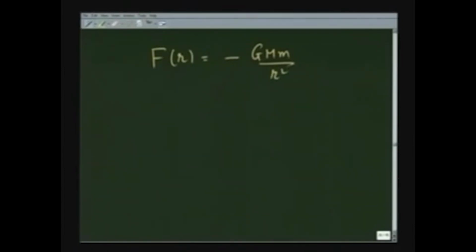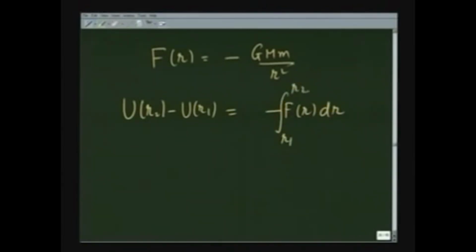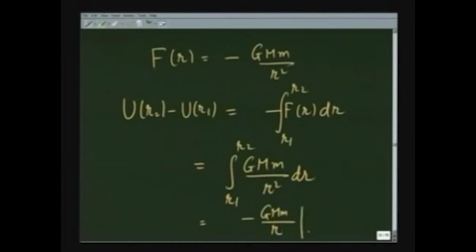So, if I were to calculate the potential energy at a point r2 with respect to r1, this is going to be minus the integral of F dr, and I move the particle along the radial line from r1 to r2, and this gives me the integral of G M m over r squared dr from r1 to r2, which is equal to minus G M m over r evaluated from r1 to r2, and therefore, I get U(r2) minus U(r1) as equal to minus G M m over r2 plus G M m over r1.